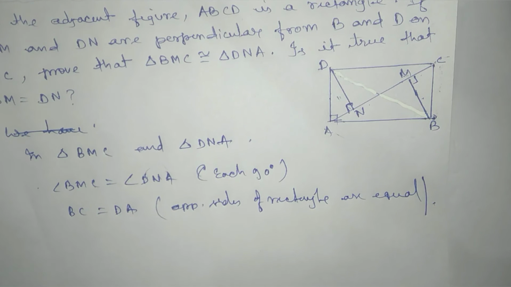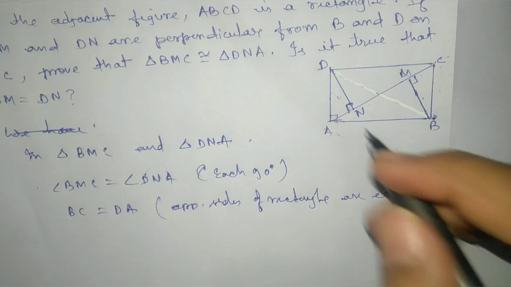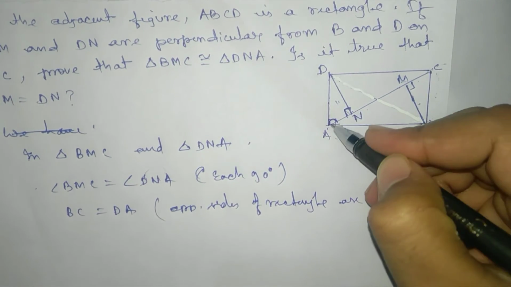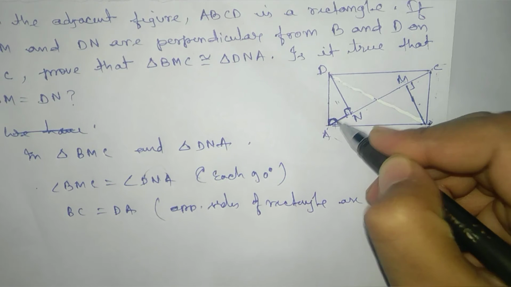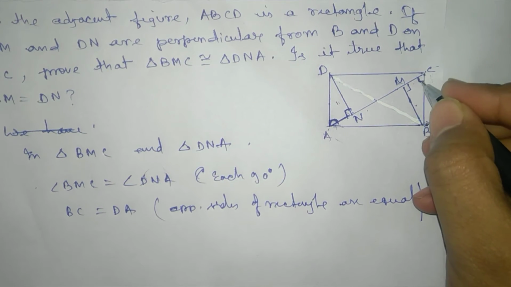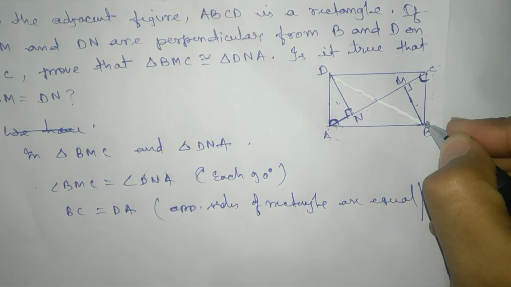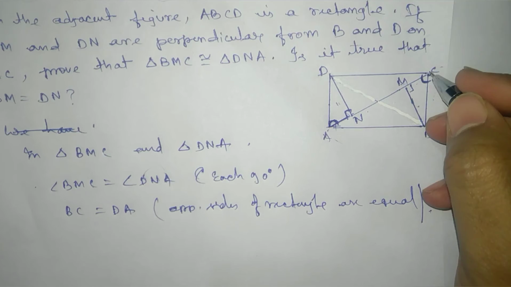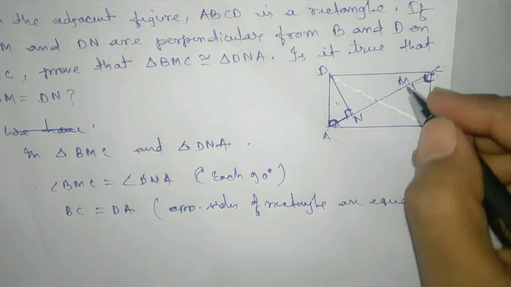Okay, next we need one more. So can you guess? Yes, that means this angle DAN, and this one, that is BCM, they are equal. Why?